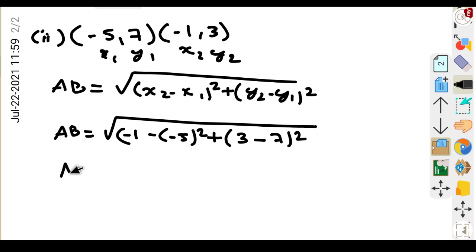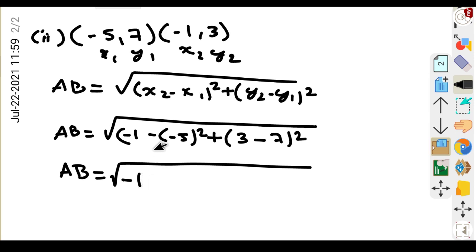Now if you simplify this, AB equals under root of minus 1 and minus into minus is plus 5 whole square plus, if you subtract 3 minus 7 is minus 4 whole square.